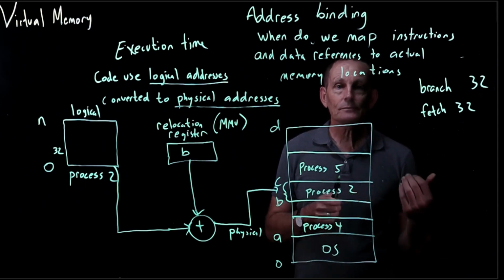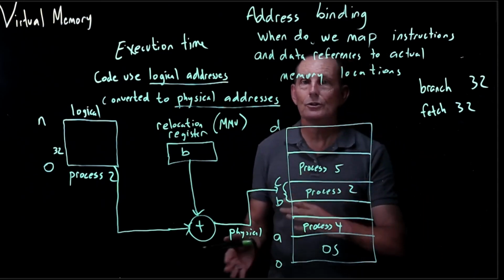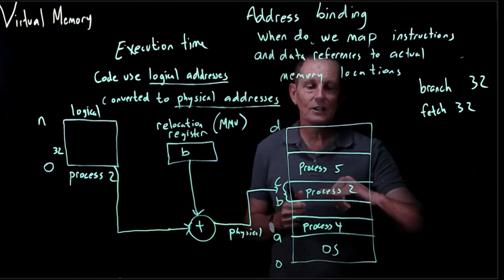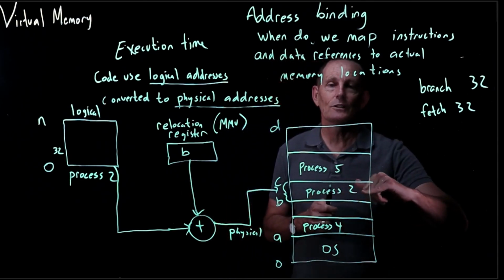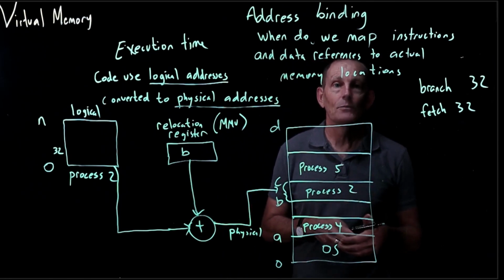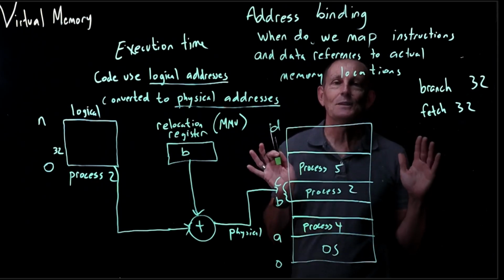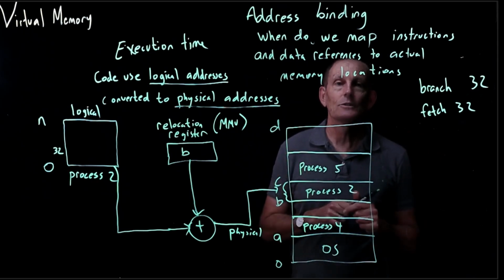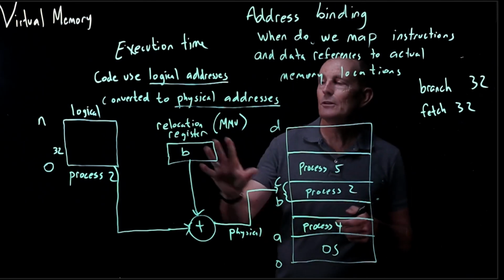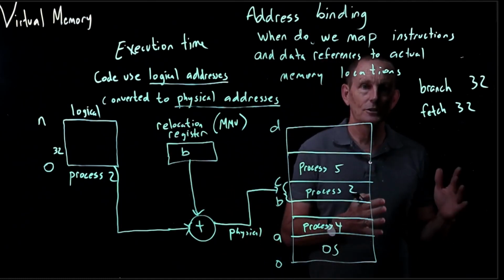And then that value is returned to the CPU. The CPU gets whatever instruction was at location B plus 32 in physical memory, but it doesn't know that. The CPU thinks it was location 32 that it was getting that from. So this relocation register is basically affecting every address before it goes to the memory bus.